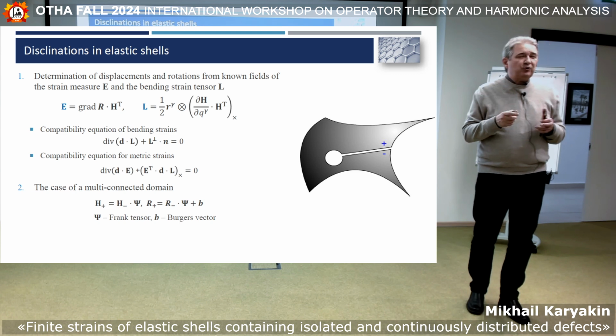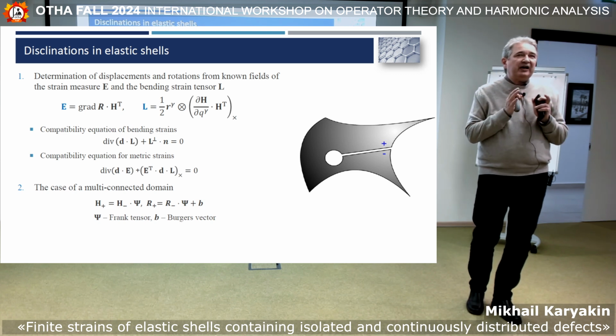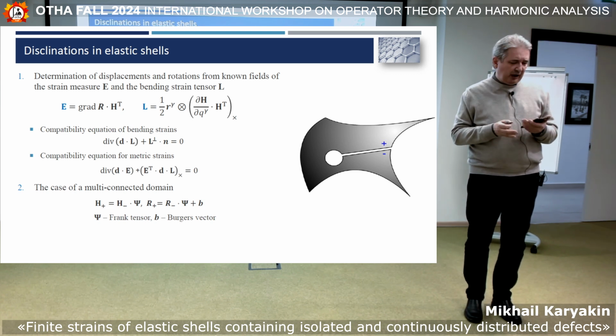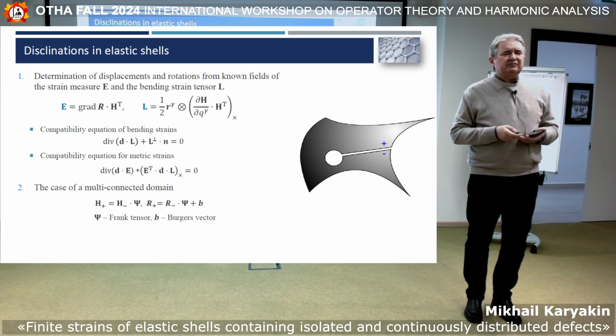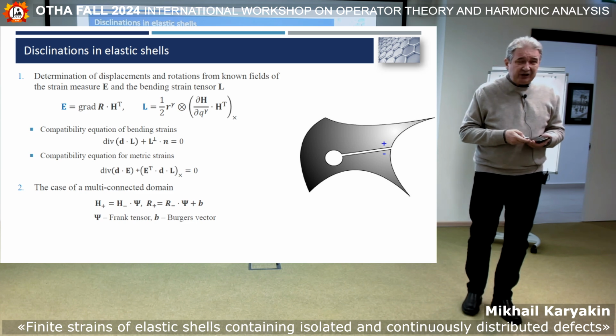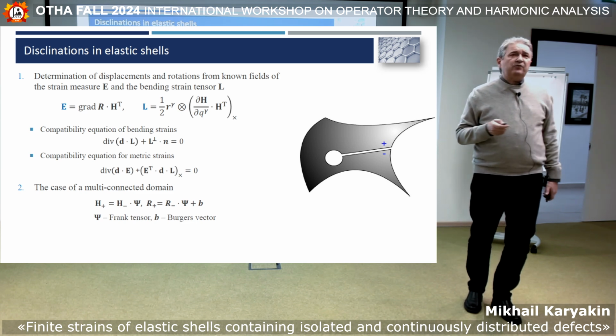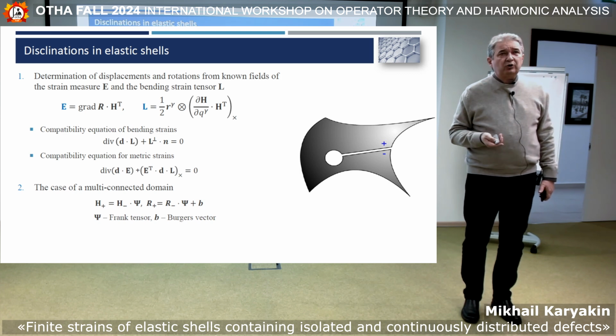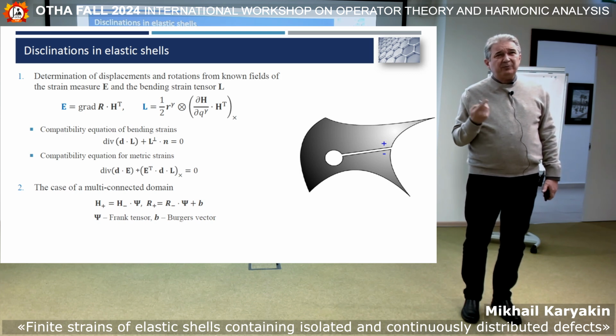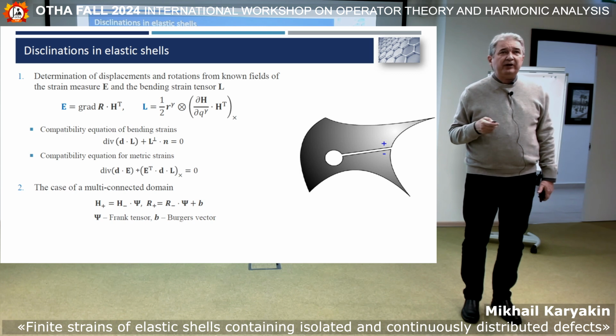This is why, fortunately, in linear elasticity, if I assume that my rotations are small, they commute. In the nonlinear case, in the case of finite rotations, they are not commutative. So we have a big problem in generalizing this theory.